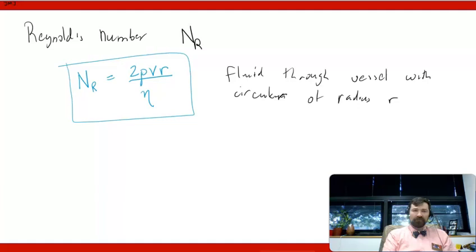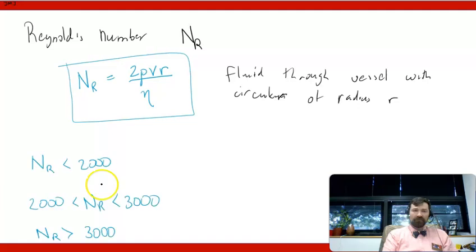Well, then we look and say, all right, what are the possible values for it? Well, you can either have a Reynolds number less than 2000. This is generally laminar. So this is more or less going to behave like the Poiseuille's principle equation, where if I increase the pressure linearly, then my flow rate linearly increases with it.